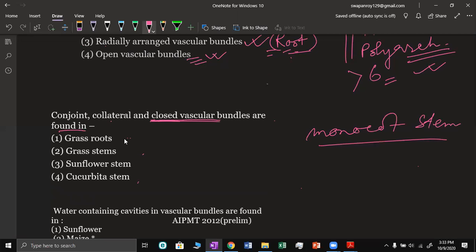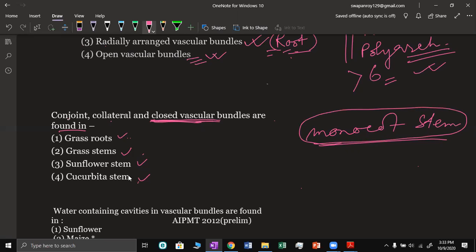Here it is given grass root, grass stem, sunflower stem, cucurbita stem. Closed vascular bundle is in the monocot stem.